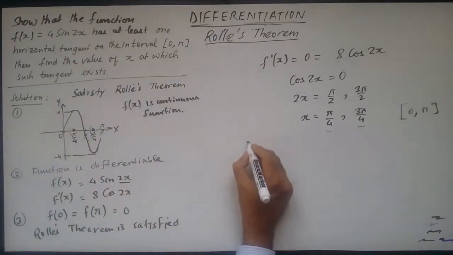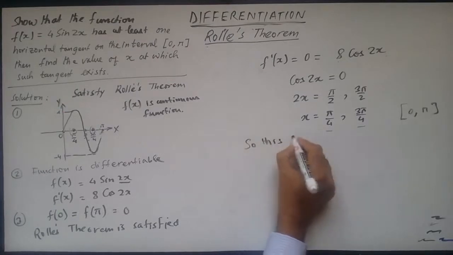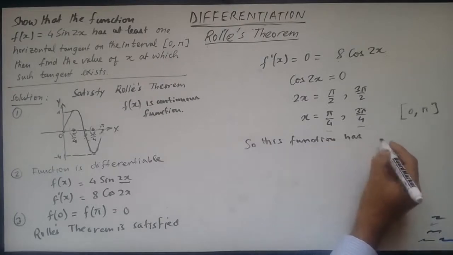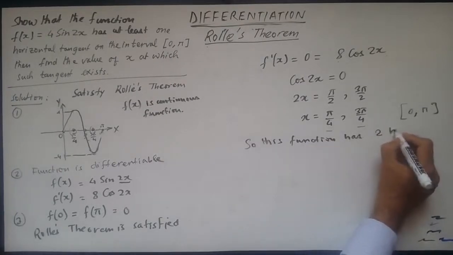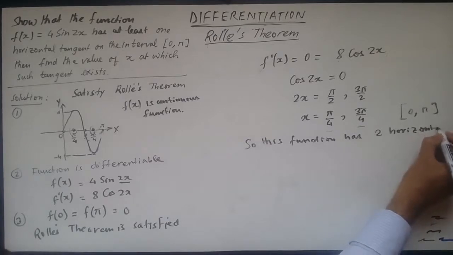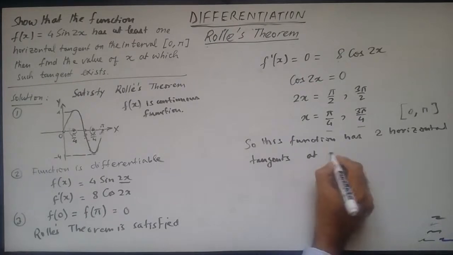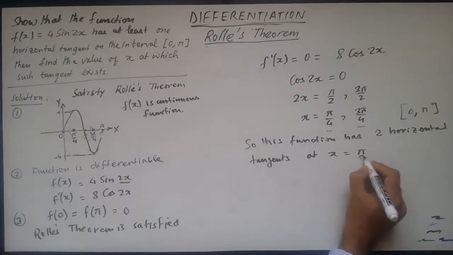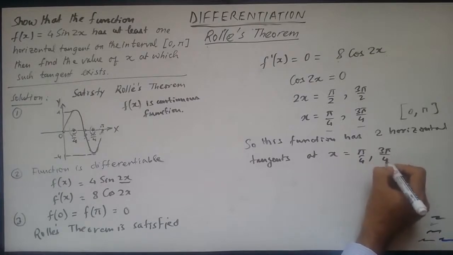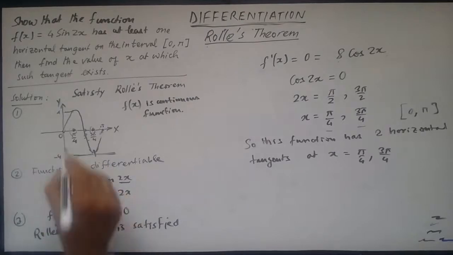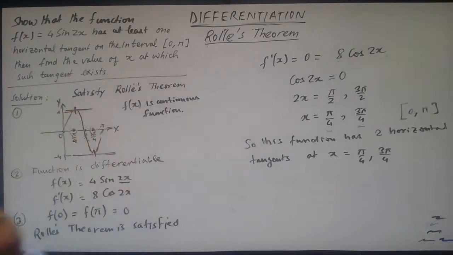So we see this function has 2 horizontal tangents at x equal to pi by 4 and 3 pi by 4. So this is a tangent at this point. At this point, dy by dx is equal to 0, and there is a horizontal tangent here. At this point also, dy by dx is equal to 0.